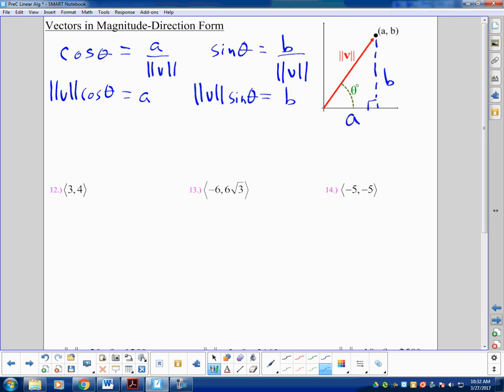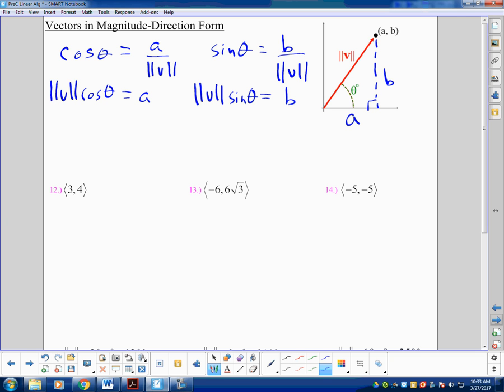All I have to know is the magnitude of V and the angle theta. So we're going to find the magnitude of V and the angle theta. Let's do 12 and then also 13. So we'll do one that's not at a 45. So 12, we've got 3 and 4.